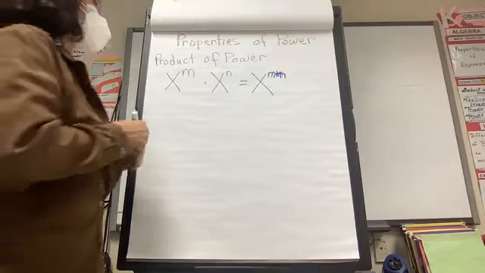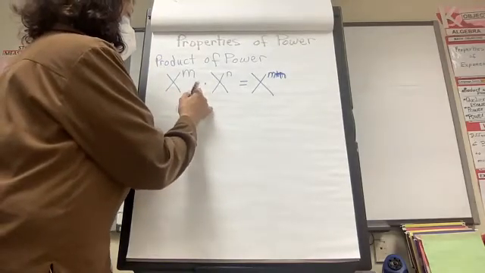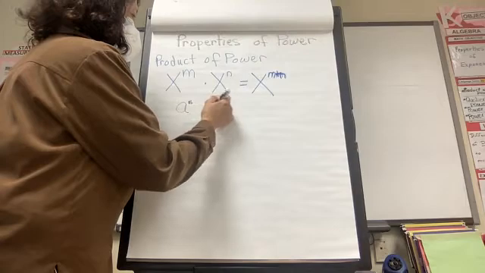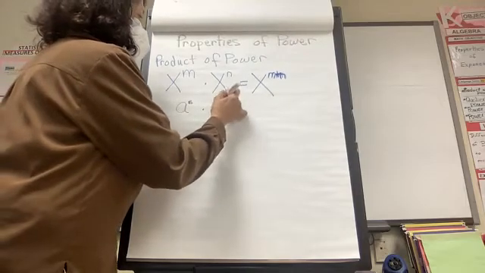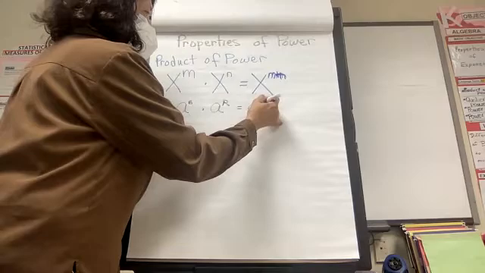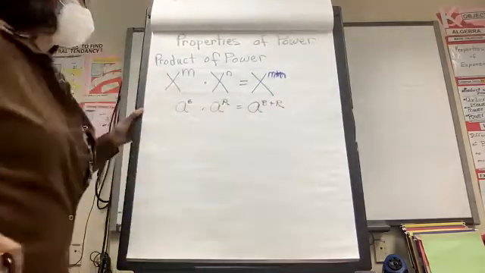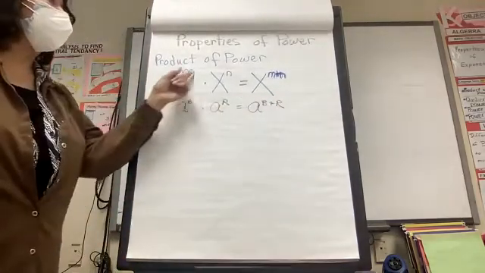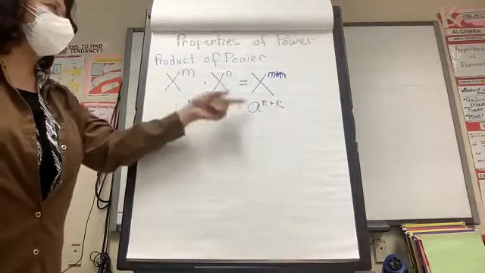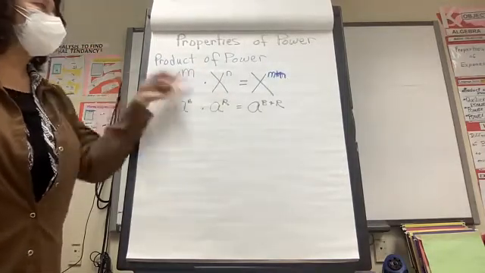So in other words, if I gave you a to the b times a to the r, that would equal a to the b plus r, because the exponents will not multiply. If you're multiplying, the exponents add. They say, we don't want to multiply, we want to add.